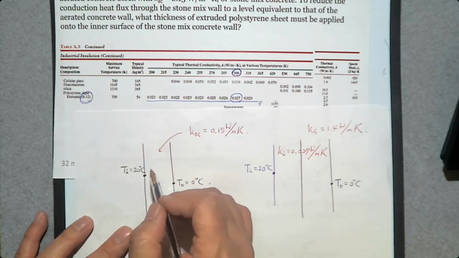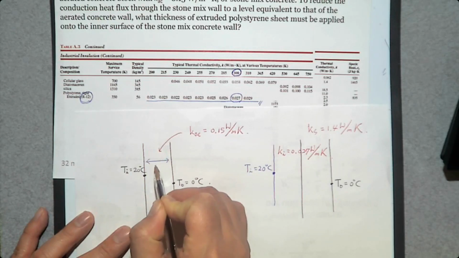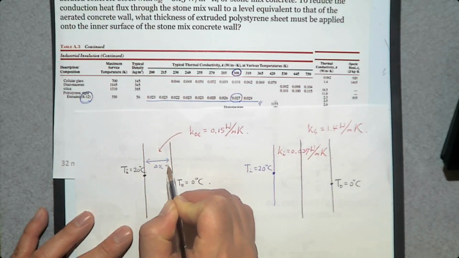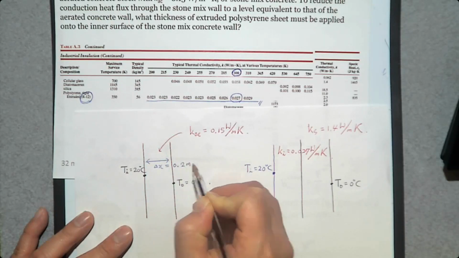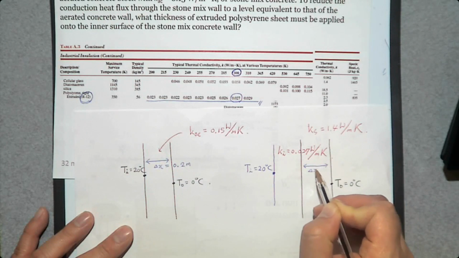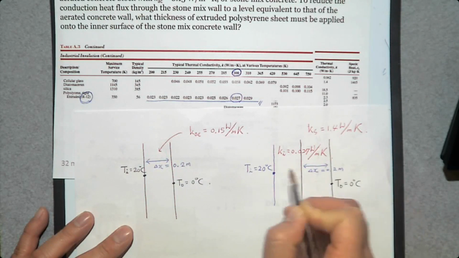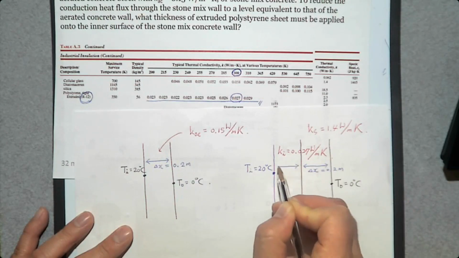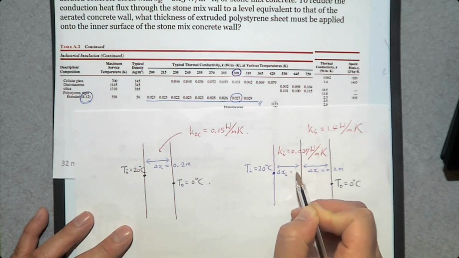The thickness of this wall, this delta X, is going to be 200 millimeters, that is 0.2 meter. So delta X of this wall is going to be 0.2 meters, and delta X of this insulation is unknown.